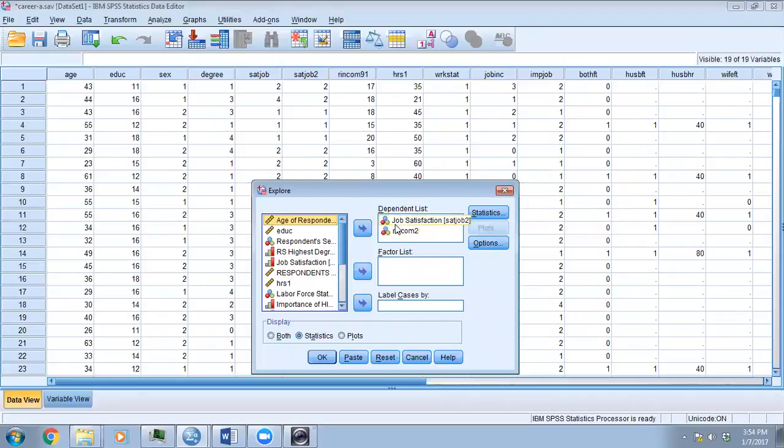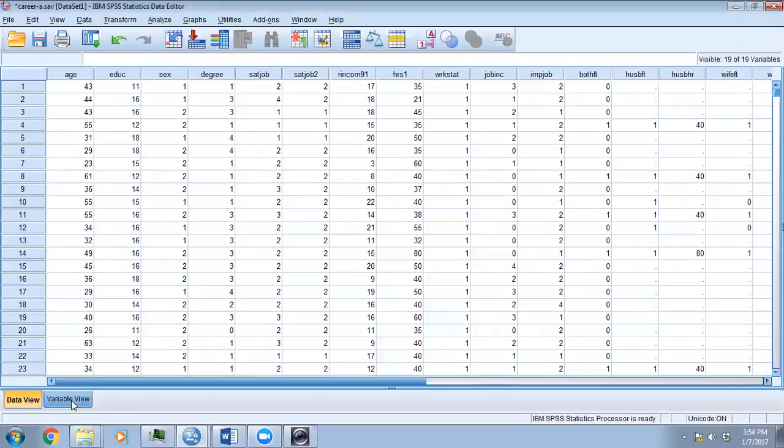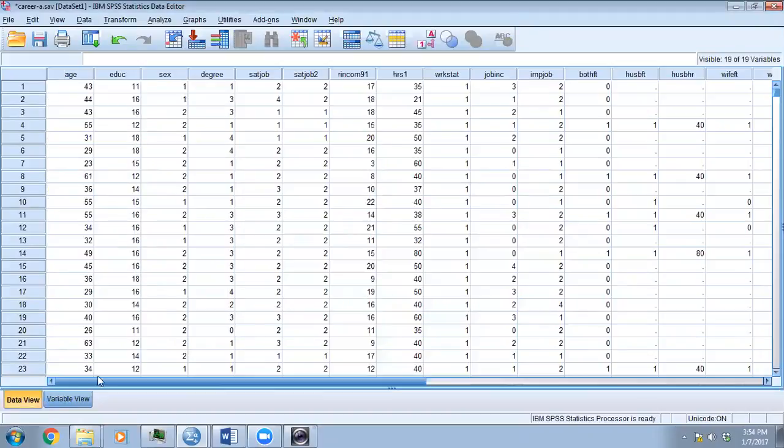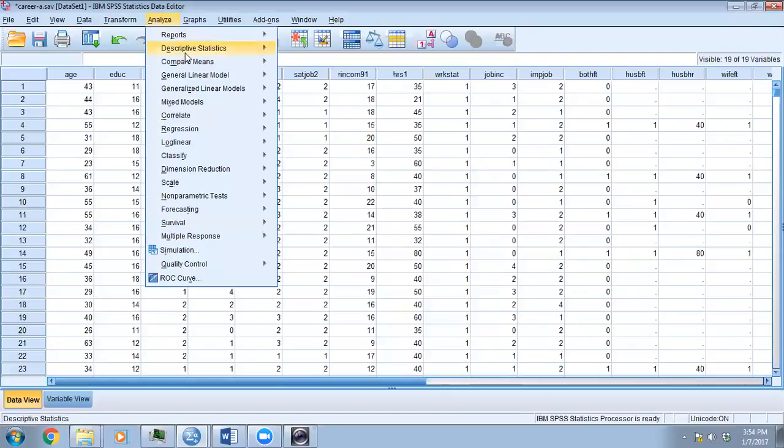This is going to be the same here, but first of all, our income should not be nominal. We have to convert that into ratio scale. So I'm going to go here and say this is ratio scale data. Okay. And then I'm going to go to Descriptive Statistics, Explore here.